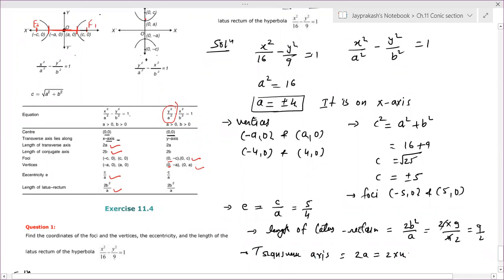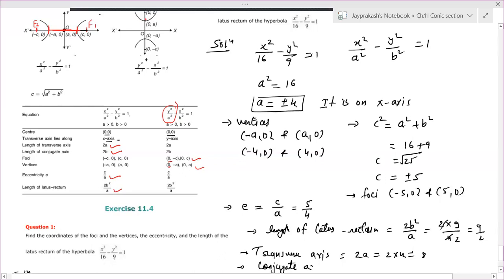So it's 2 into 4, that is 8. Then the conjugate axis. Conjugate means that is related to b. It means we are being asked the value for the axis opposite to the one the hyperbola lies on. So the conjugate axis will be 2b on the y-axis. So it will be 2 into 3, 6.